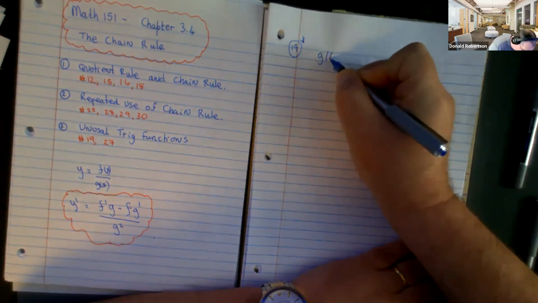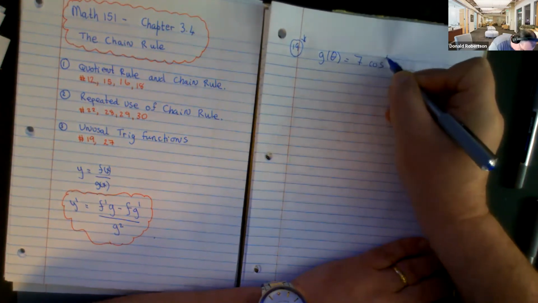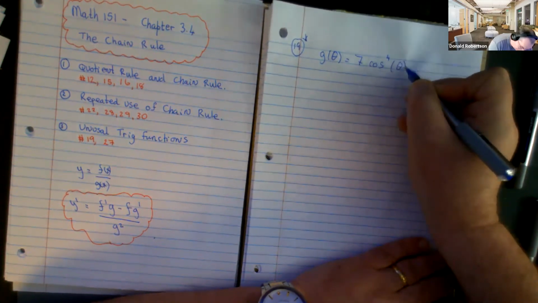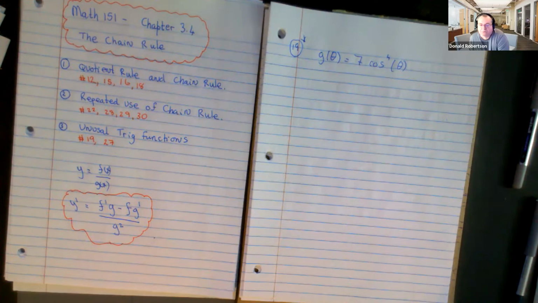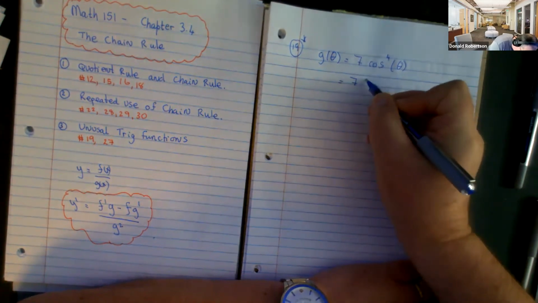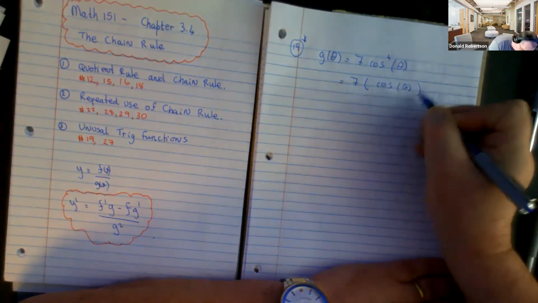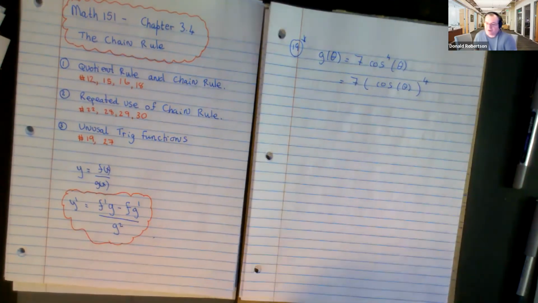Question 19 is an example of an unusual trig function. So g of theta is 7 times that guy. Well, if I want to differentiate this, you have to think of it like that.